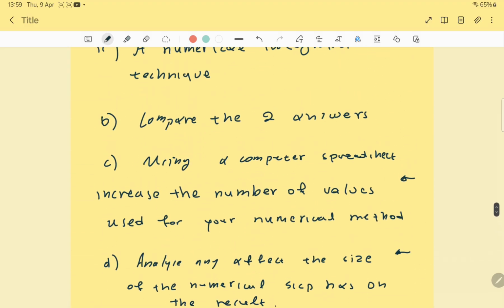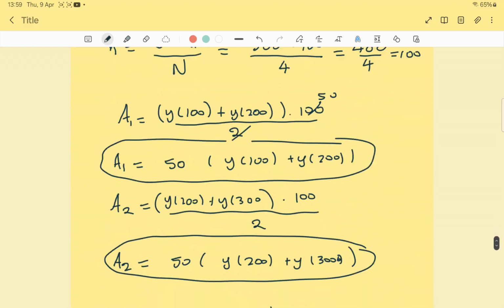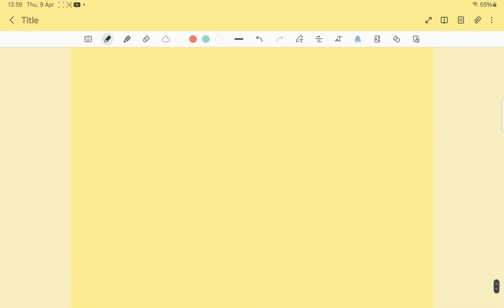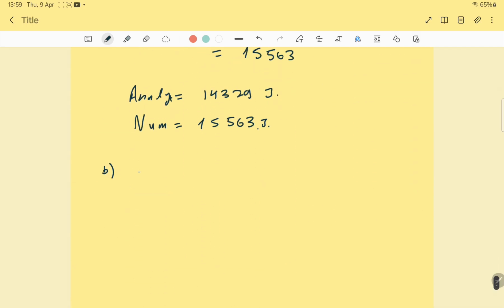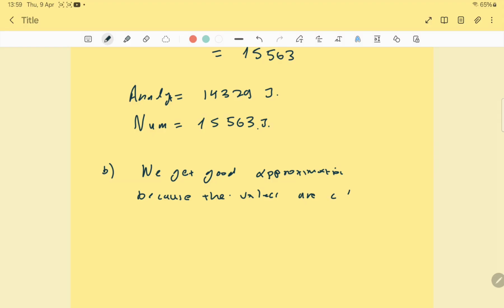Now we compare the two answers. They are a good approximation, because the values are close to each other.